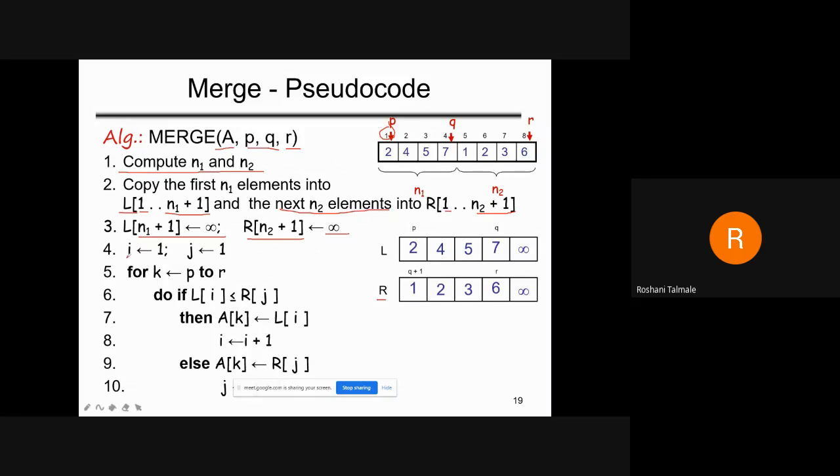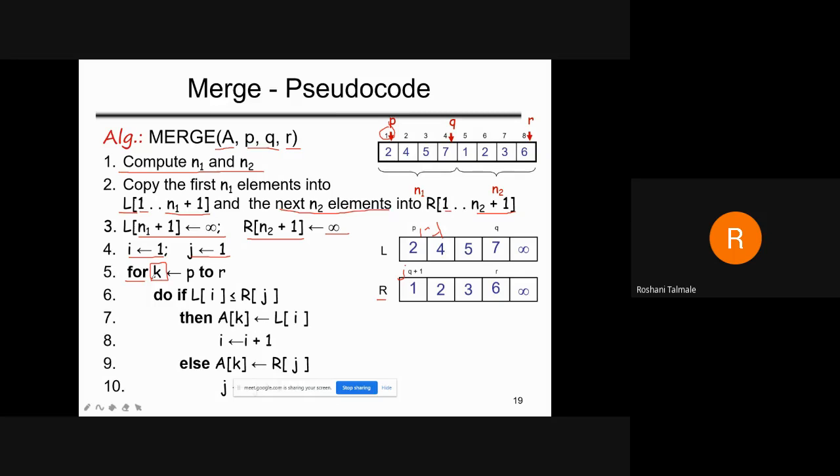Now, I am considering this as the first element of the sub array, I, and this as J for the other sub array, so I equals 1 and J equals 1. Now see, for which purpose are we using K?